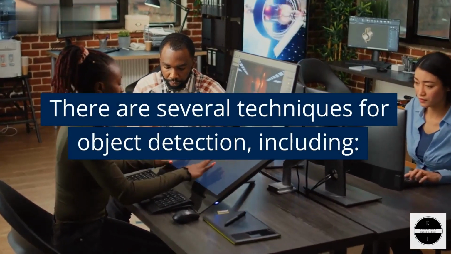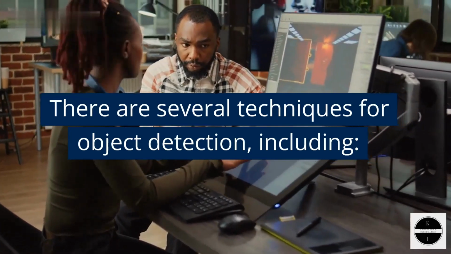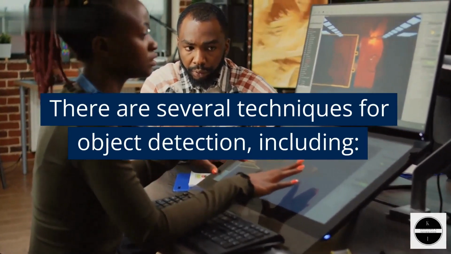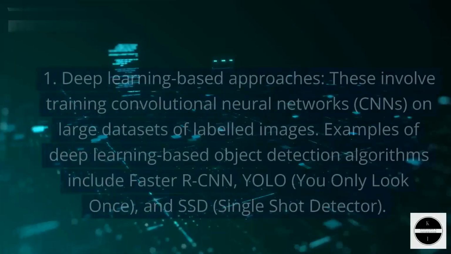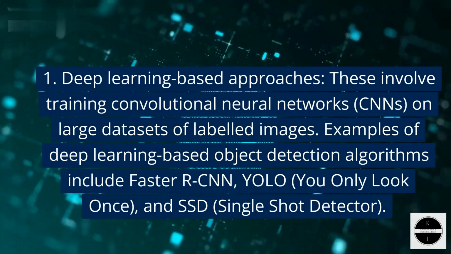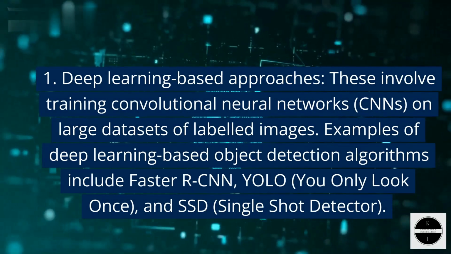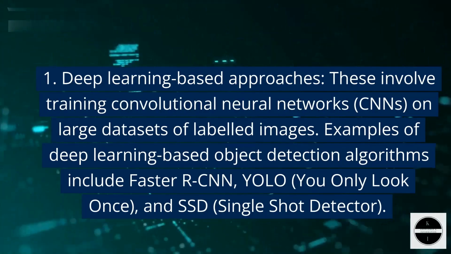There are several techniques for object detection, including: 1. Deep learning-based approaches. These involve training convolutional neural networks, CNNs, on large datasets of labeled images.